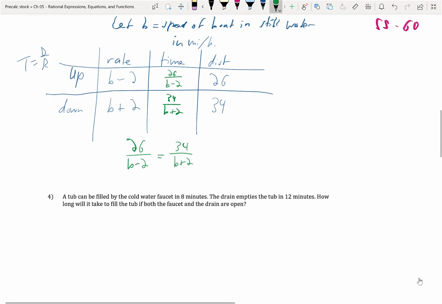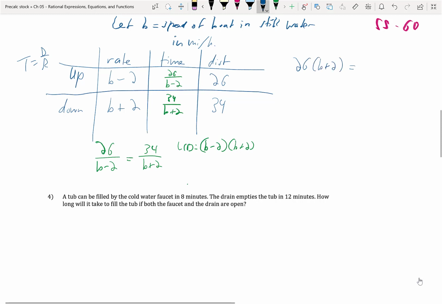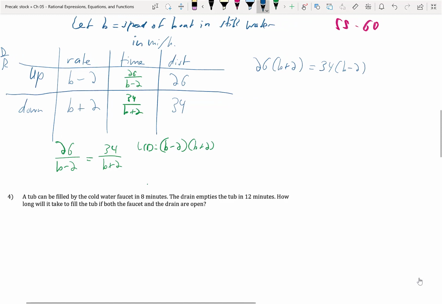And if I multiply both sides by a least common denominator of b minus 2 times b plus 2, what I get is 26 times b plus 2 equals 34 times b minus 2. 26 and 34 are both divisible by 2, so I can divide both sides by 2 and get 13 times b plus 2 is equal to 17 times b minus 2, or 13b plus 26 is equal to 17b minus 34, or negative 4b is equal to negative 60, or b is equal to 15.